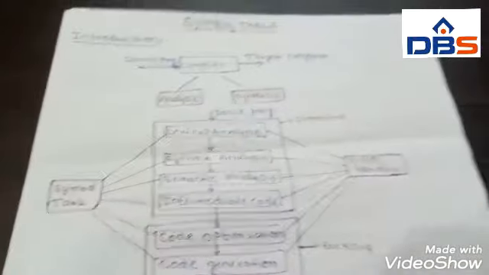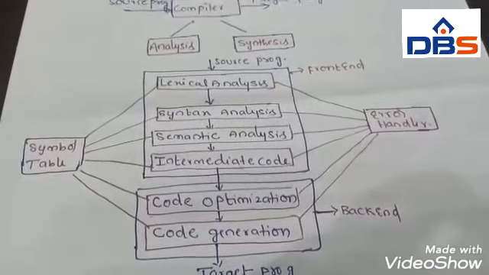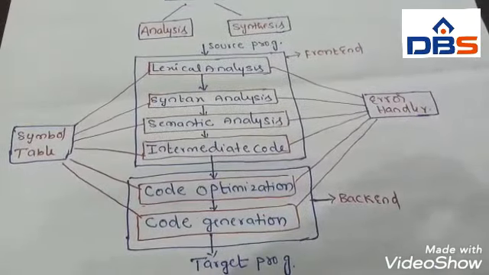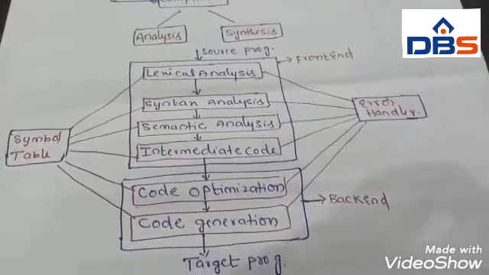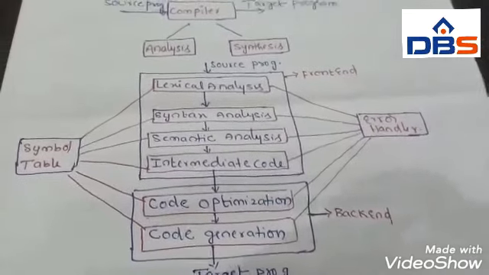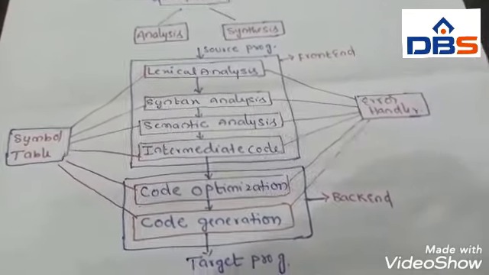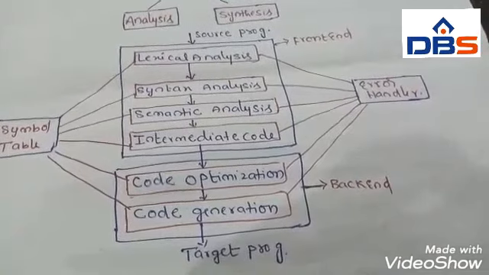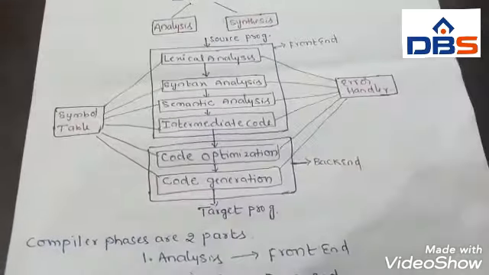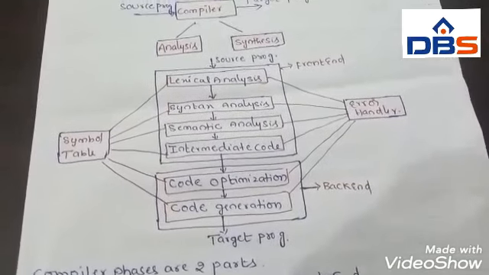Coming to the different phases of a compiler, all of you know these phases. Totally we have 6 phases. Each and every phase takes an input and gives an output. The first is lexical analysis, then syntax analysis, semantic analysis, intermediate code generation, code optimization, and code generation.